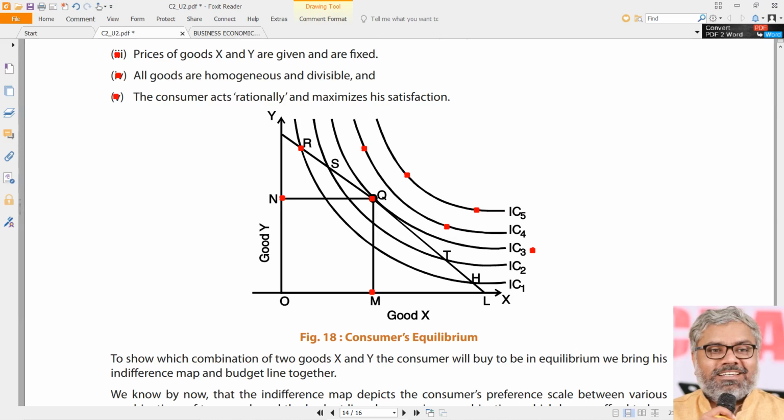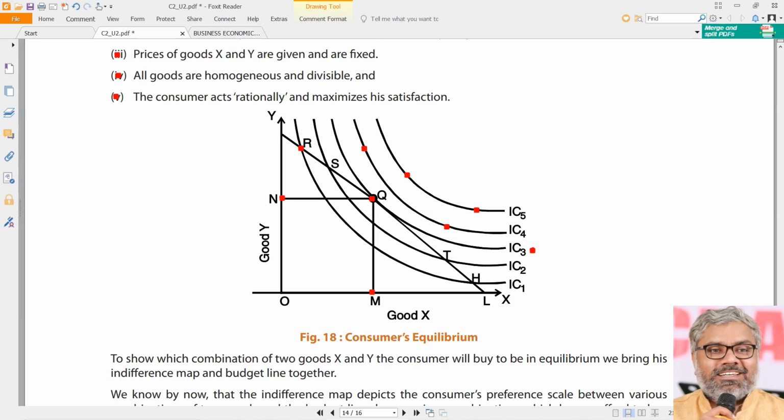If he can get Q satisfaction, which is higher than R, with the same spending, why would any person spend on R? He will spend on Q so that he can get a higher satisfaction as per IC3 than the lower satisfaction as per IC1 on which R is situated.